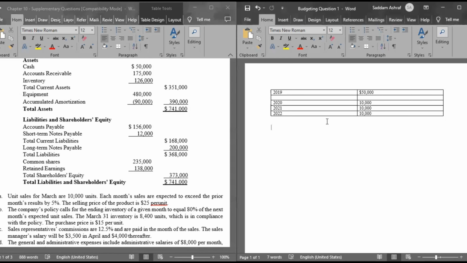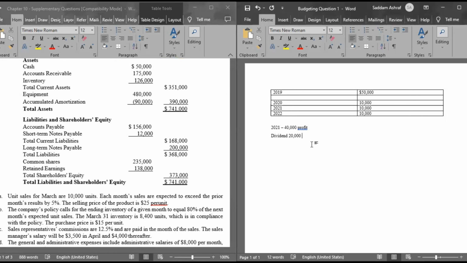Just take an example that you are running a company, and in year 2021, your company has generated $40,000 profit. From this profit, you have paid 20,000 dividend to your investors who invested their money into the business.